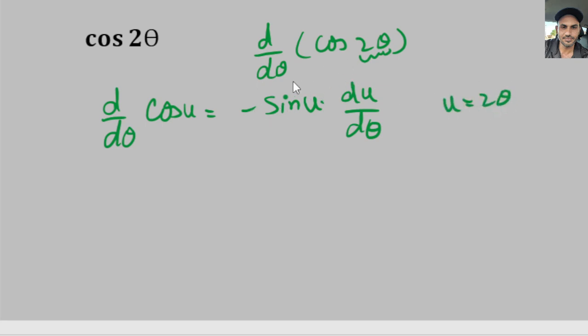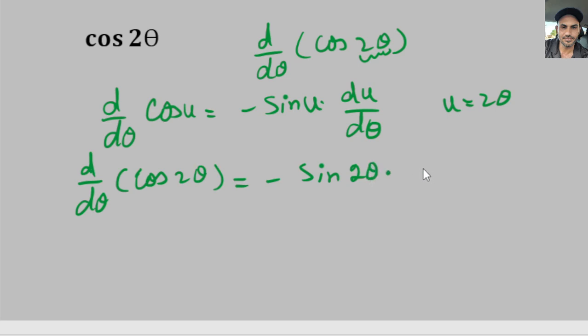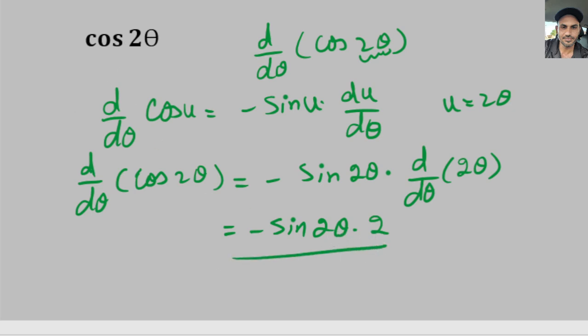Now we plug in this function, so we get d over d theta of cosine of 2 theta equals negative sine of 2 theta times the derivative of u, which is 2 theta. All I did was substitute this function into the chain rule. So we get negative sine of 2 theta times the derivative of 2 theta, which is just 2. This is our final answer for this question.